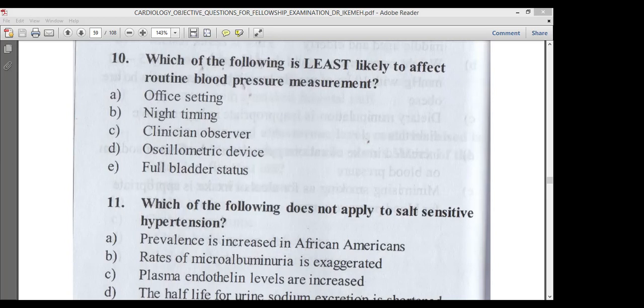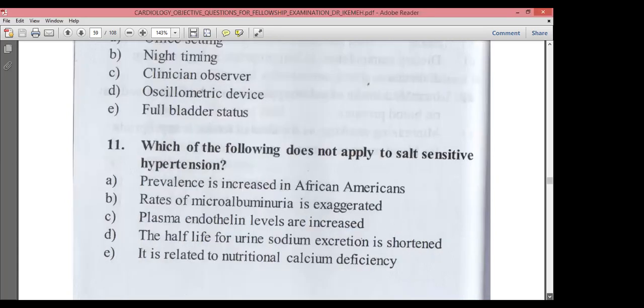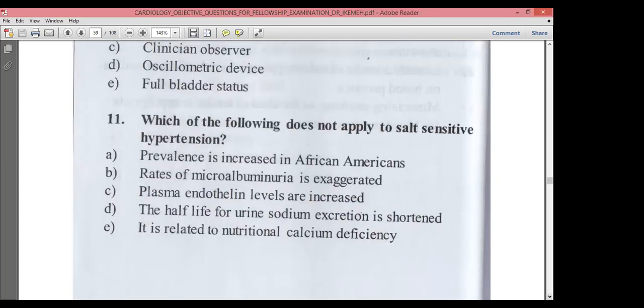So question 11 says, which of the following does not apply to salt-sensitive hypertension? Okay. So salt-sensitive hypertension is a topical issue, with a lot of putative mechanisms and a lot of systems involved.